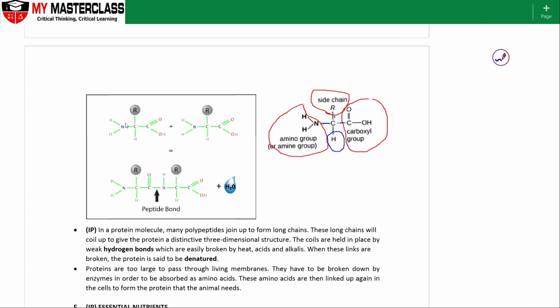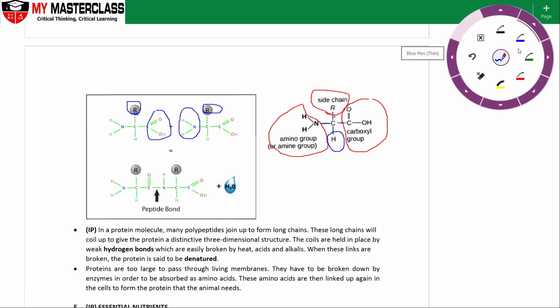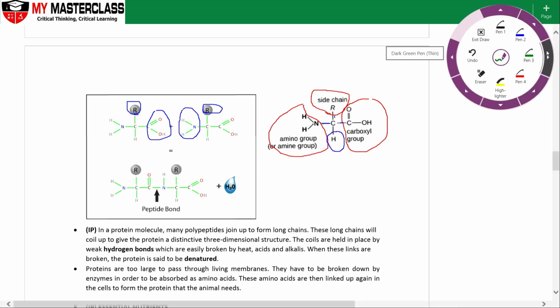Now, over here, I have one amino acid denoted by R, one R group here, another R group here. This part here, I have my carboxyl group. This part here, I have my amine group. Once the amine group and the carboxyl group undergo a condensation reaction, essentially water is lost, correct? So my H2O is lost here.